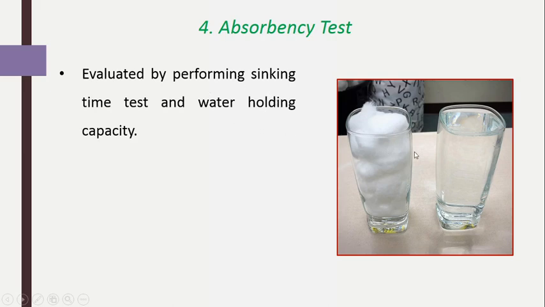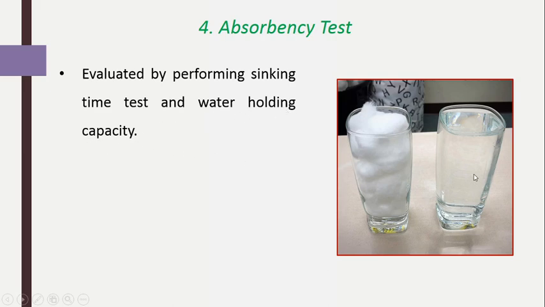Sinking time means the time required for the absorbent cotton to go from the top of the fluid to the bottom. How much time the absorbent cotton takes, that is the sinking time. And the next test done is water holding capacity.